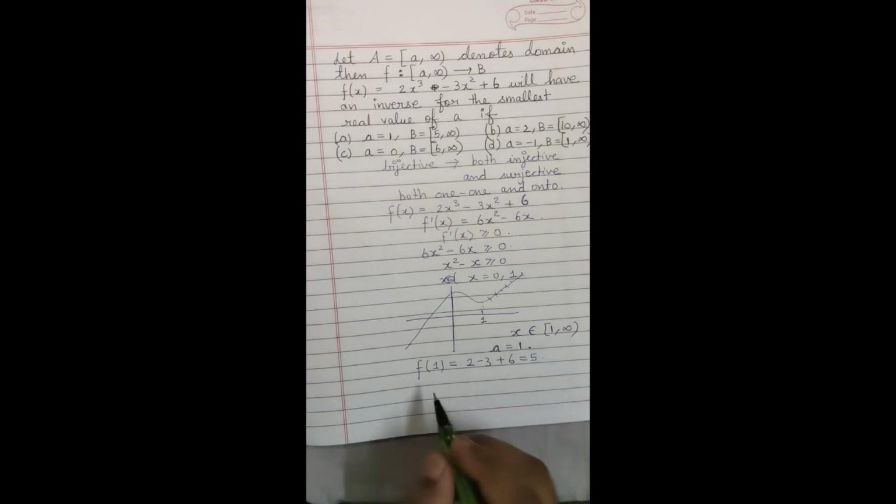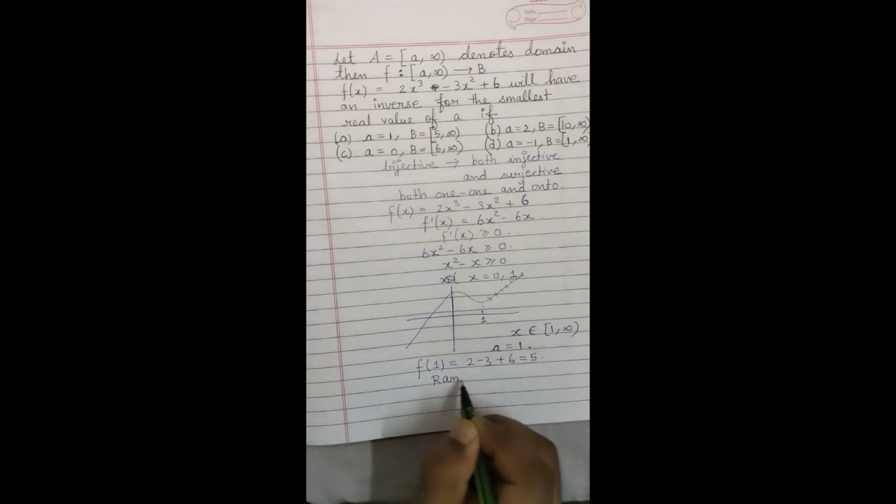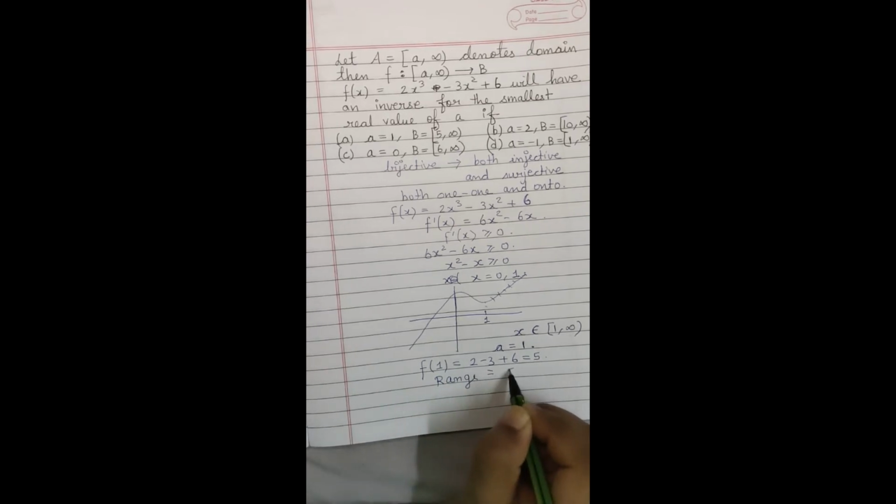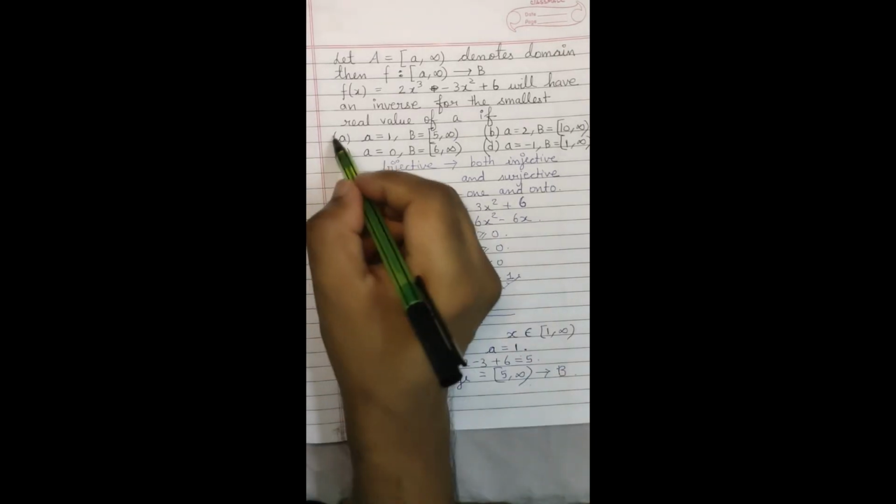So the range is 5 to infinity. This is b. From 5 to infinity is b, and a is equal to 1. So the correct option is A.